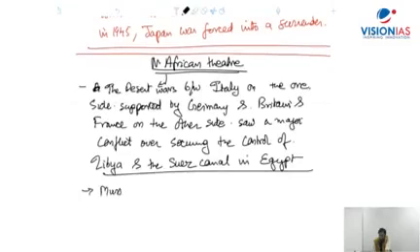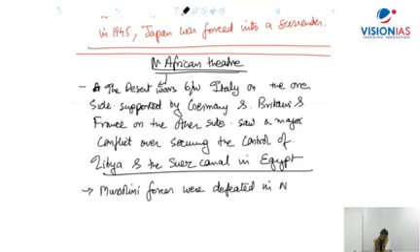Mussolini's forces were defeated in North Africa, and this is happening from 1941 to 1944. Mussolini's forces were defeated in North Africa in 1944.